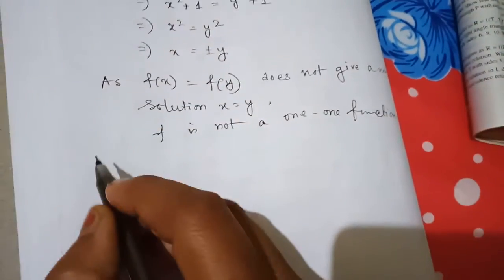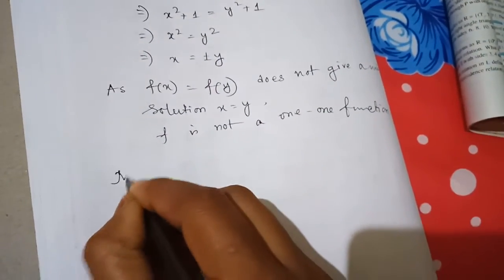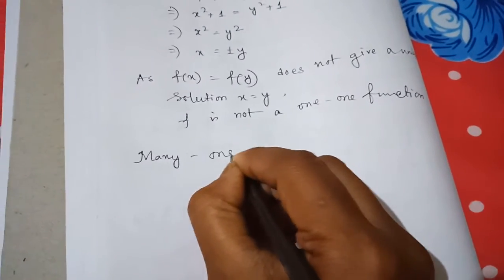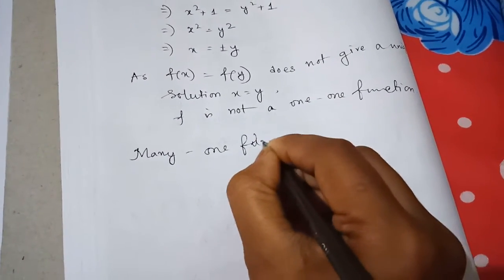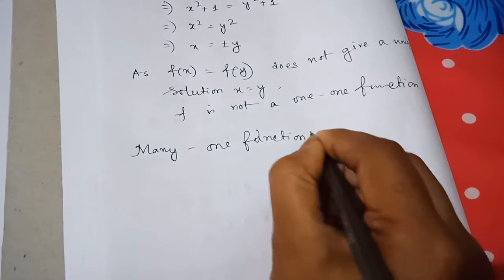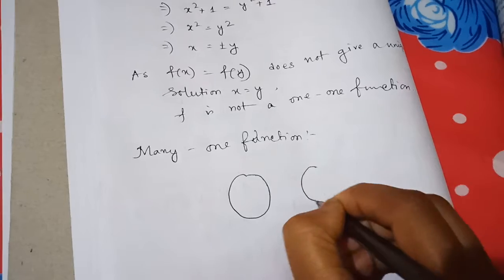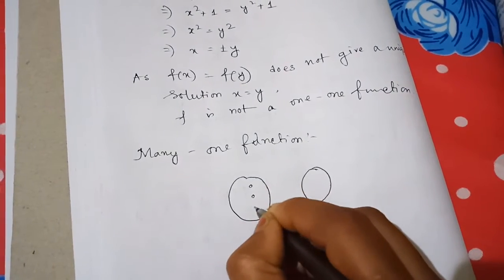Our next category is the many-one function. Many-one means the figure that I have drawn.